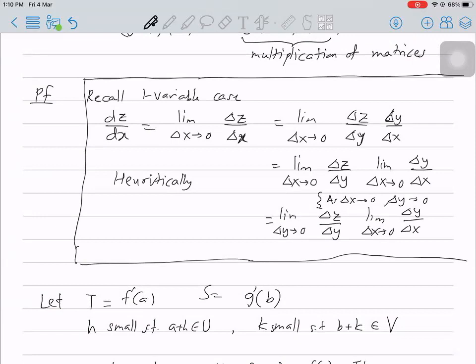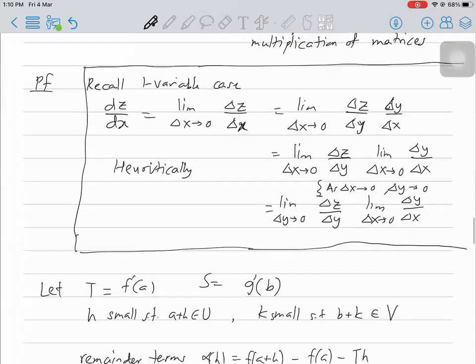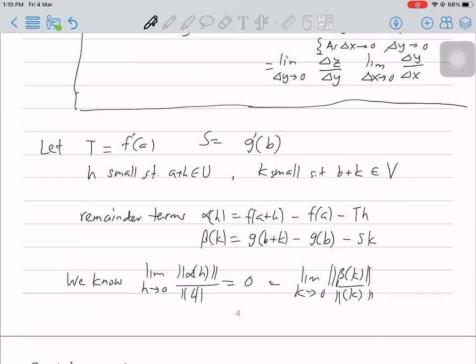Considering t of h is like saying f prime of a times h. Is that what I want k to be? See, k is the small difference that I want to take in the value of the middle variable. So what should I take k to be? Notice b, which is the value of f of a, is changed.